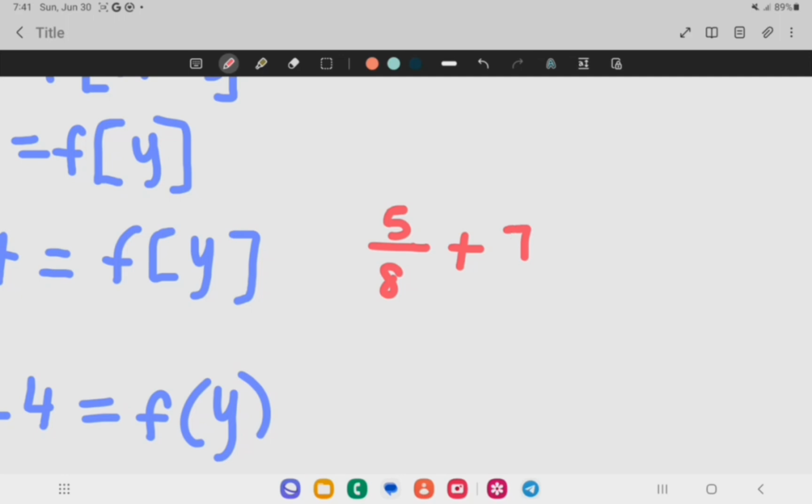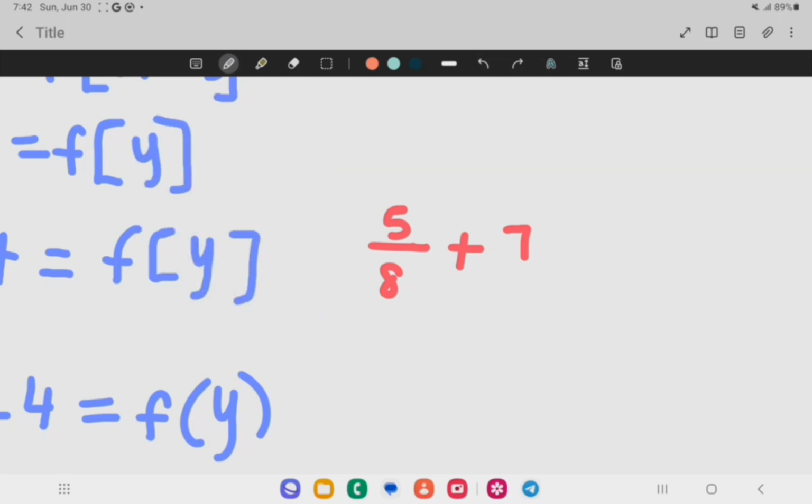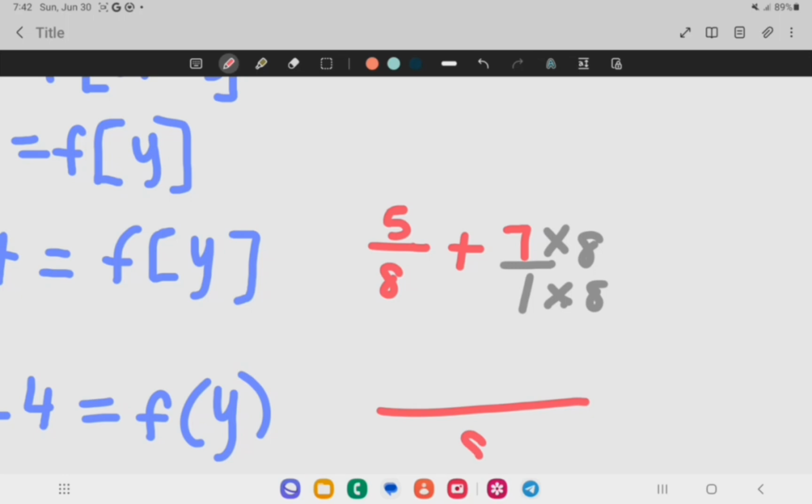Back then we did not have a calculator, so we had to do this manually by making the denominator the same. Nothing at the bottom means there is a 1 over 1. So how to make the denominator the same? This one times 8. When the bottom one you times 8, the top one also must times 8. Now your denominator becomes the same, which is 8.